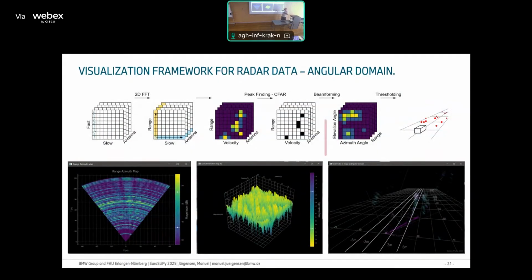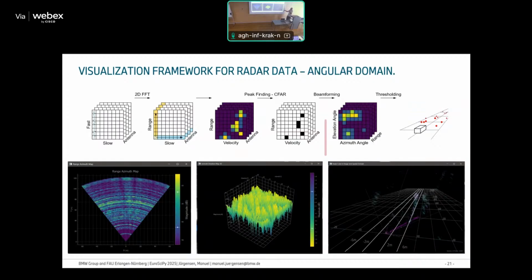Basically here, that's the representation of what the radar sees in a bird's eye view. From here, 0 meters, to about 120 for this radar, I think. And this is the representation if you make a cut like this, in elevation and azimuth, which are essentially the angles in horizontal direction and vertical direction.